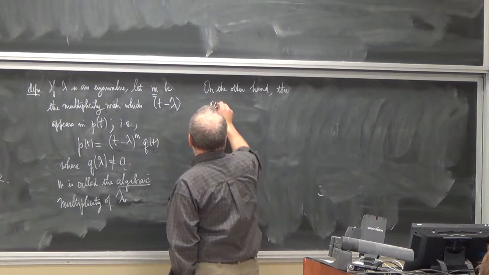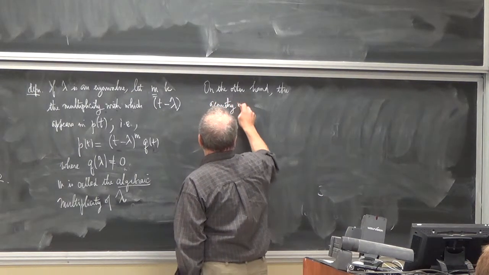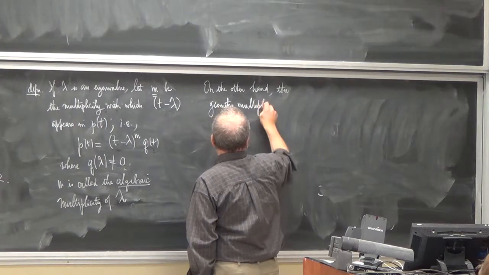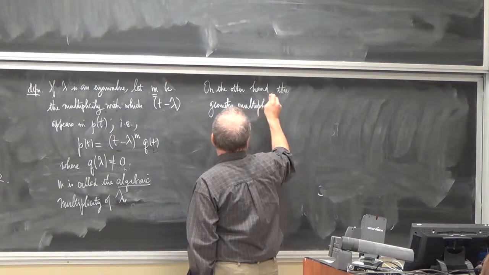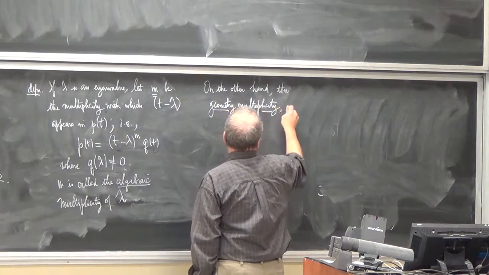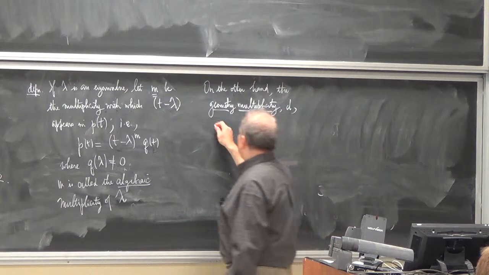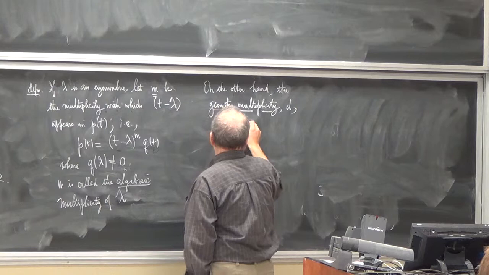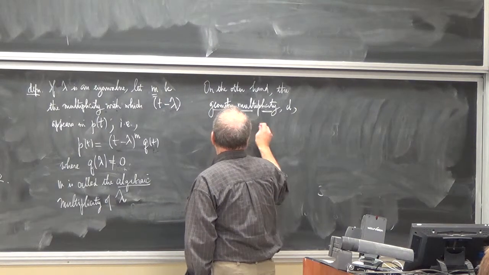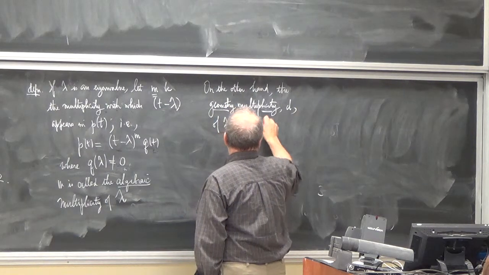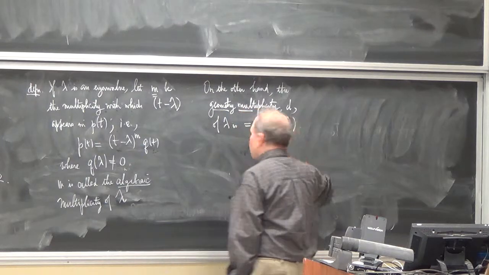The geometric multiplicity, which we'll call d of lambda, is equal to the dimension of the lambda eigenspace.